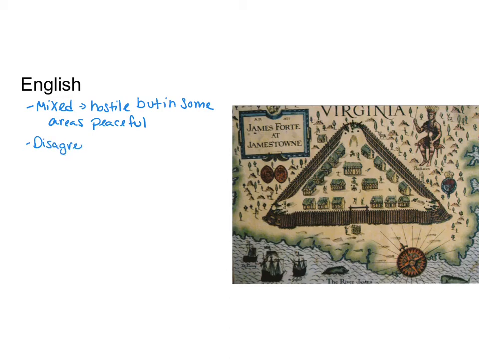They typically had disagreements over land. The natives believed that you could not own land, right? That the land was there for you to use, but not to own per se. The English did not believe this.